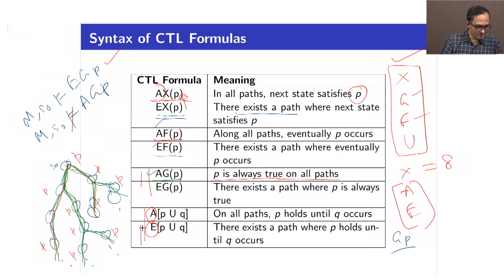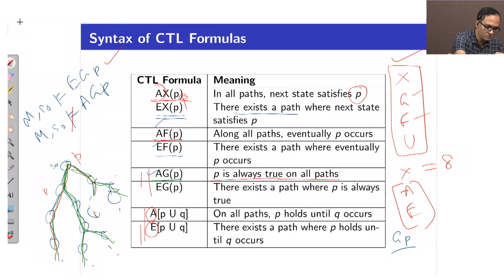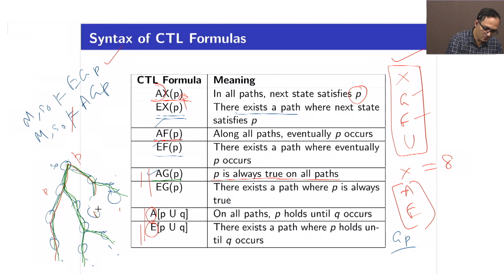Now, let me take the same example probably, and let us say I just update this. Let me remove some of the levels, right. So, let us say I have this scenario now, and so I have this state, rest of the things are same, and let us say I have P until Q, right.